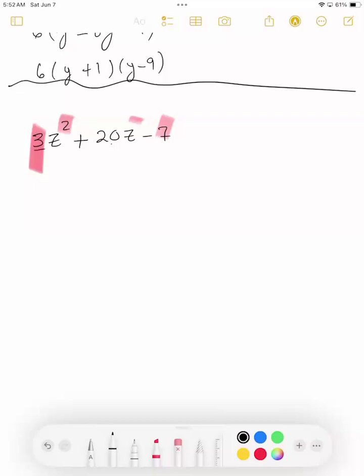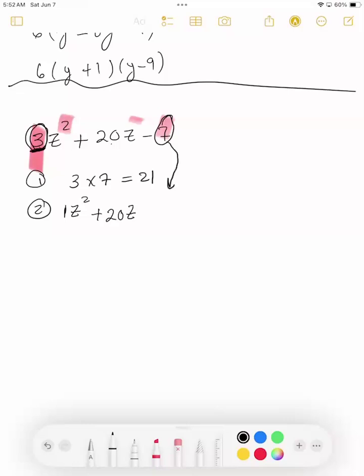You are going to multiply whatever this coefficient is, 3, by this number here, 7. That's step number 1. You get 21. So step number 2, you are going to get rid of the 3 and write this expression as z to the power 2, change that 3 to 1, plus leave 20z alone, change 7 to 21.